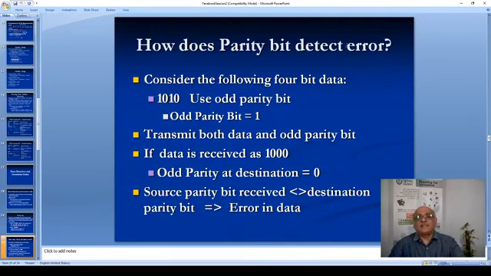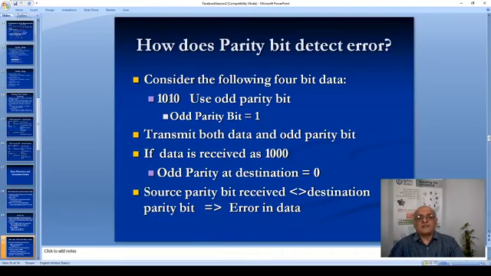But how does it detect an error? Consider the following 4-bit data, 1010. With odd parity, the parity bit becomes 1. You add it here or before, it's up to the system. Normally it is the topmost bit when 7 bits of data are used and the 8th bit goes on the leftmost side.